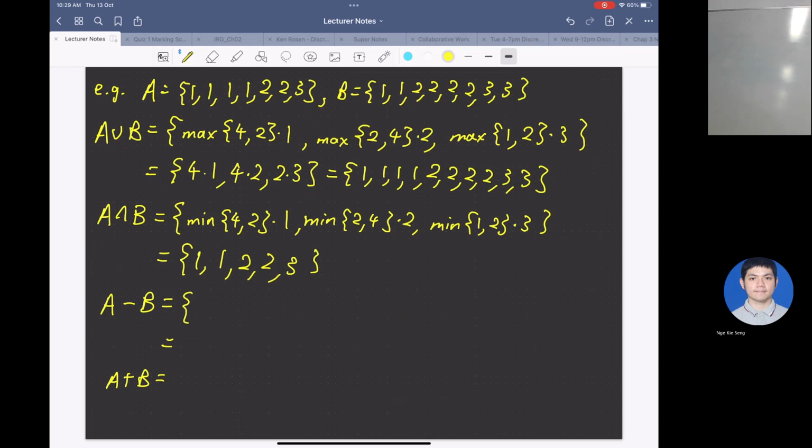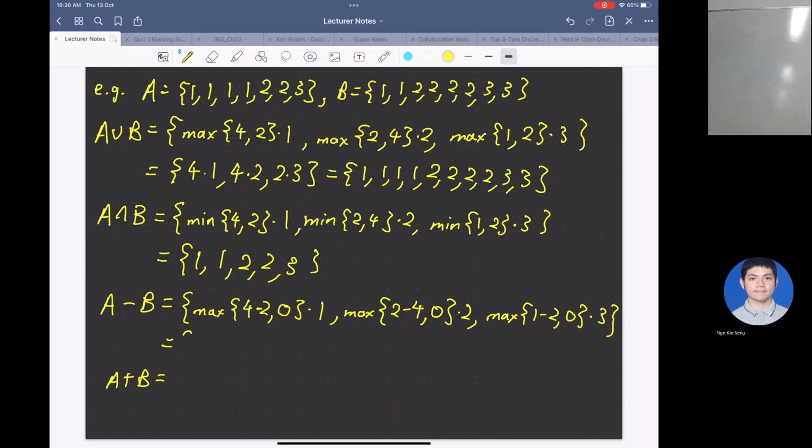For the difference, we take the maximum of the first appearance minus the second appearance and 0.